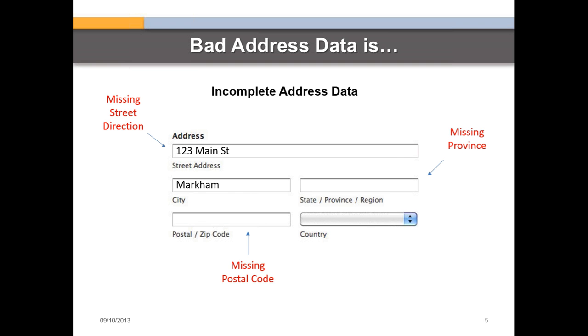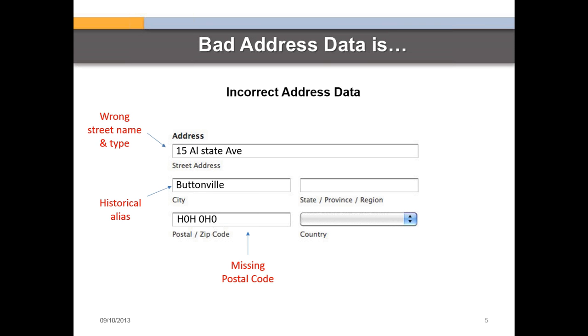The city's present, but we don't have a province or a postal code. If somebody's inputting this address information and they're outside of the region, they might not know what province or postal code is actually associated with it. It would get added to the database, and then you'd have an incomplete record stored and associated to that customer.